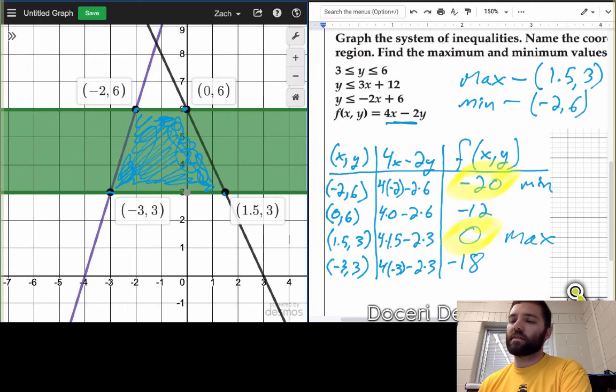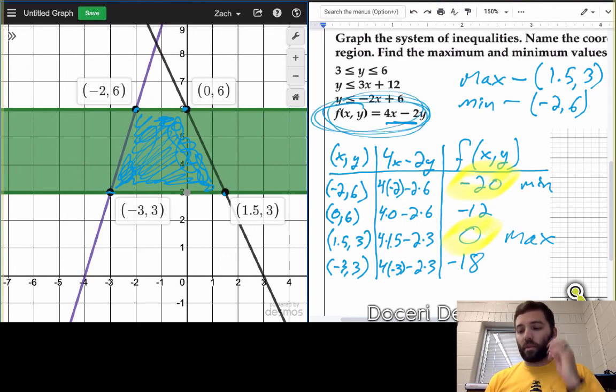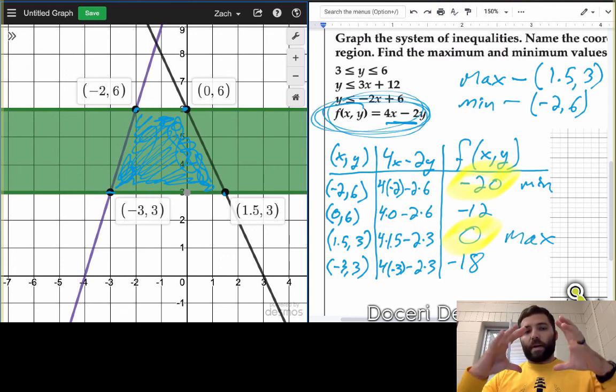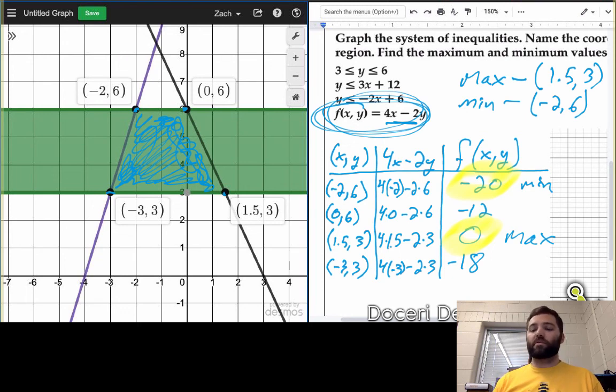What this means is that the function in two variables right here, bounded by the feasible region, is maximized at (1.5, 3) and minimized at (-2, 6). Again, these have applications to real world problems. That's when they're useful, and that's when what you did here can be applied in something that seems more in touch with reality. So that's it for section 8, linear programming.